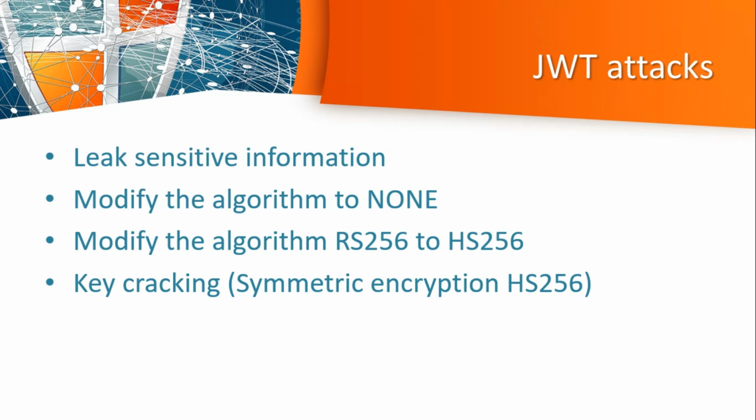So if a user can change the algorithm from RS256 to HS256, the backend code uses the public key as a secret key and then uses the HS256 algorithm to verify the signature. And the fourth and last is key cracking. If the HS256 key strength is weak, it can be directly brute forced.